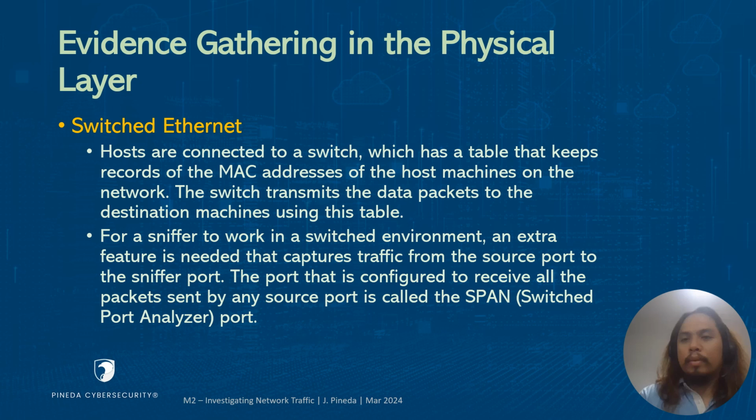And if you're able to poison that and change the mapping, then it might target the same legitimate destination IP address, but because the MAC address is changed because it's poisoned, it goes to the attacker's machine.